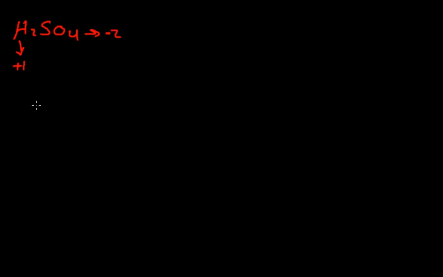Then we say 2 positive, because the number of hydrogens here is 2, positive 2 plus S. S is the unknown, I'm assigning the oxidation state of the sulfur atom here, minus 8 is equal to 0. Why 0?